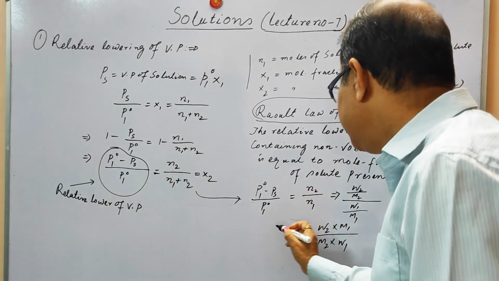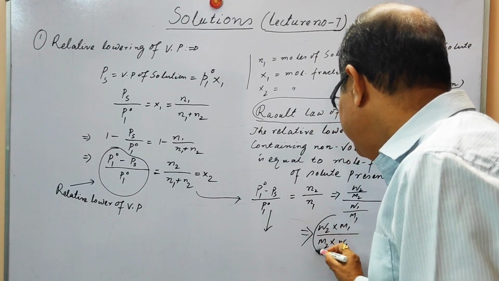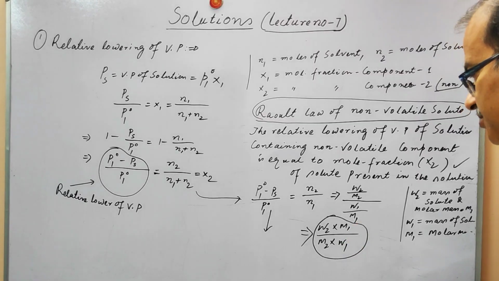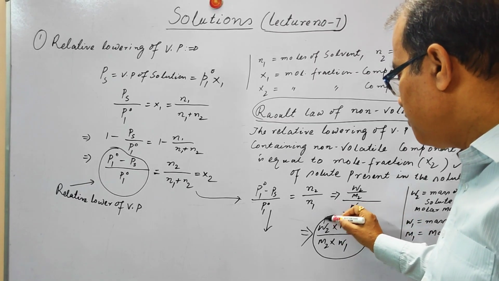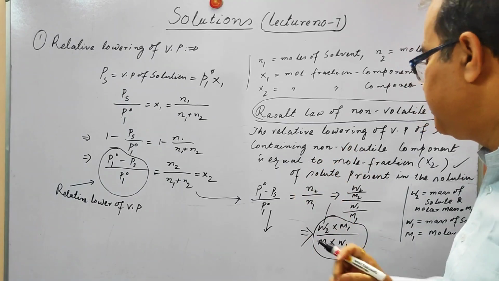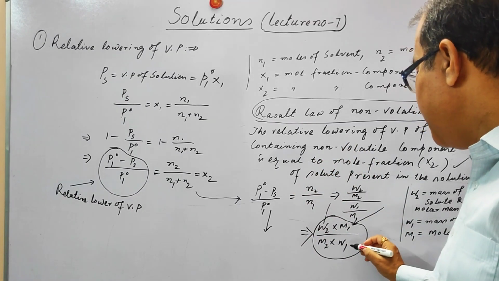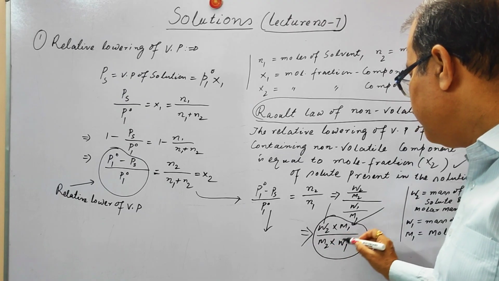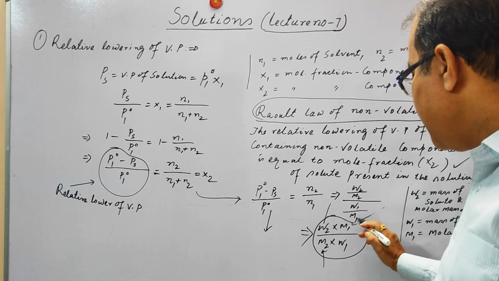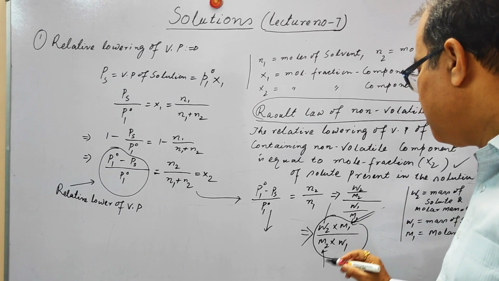From these relations, you can see the relative lowering will be equal to this expression. In this expression you have to know the amount of solute that has been dissolved and the molar mass of the solvent.